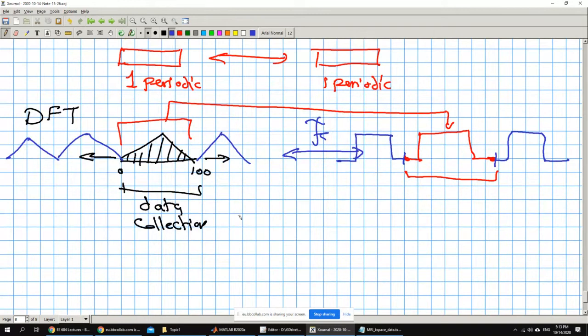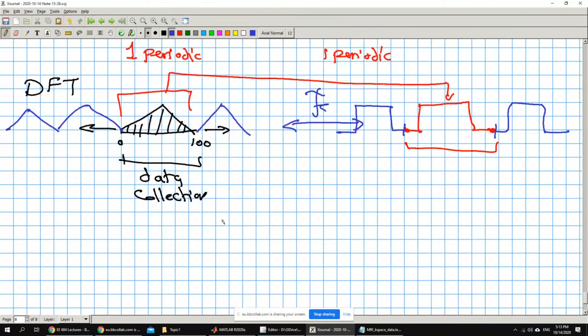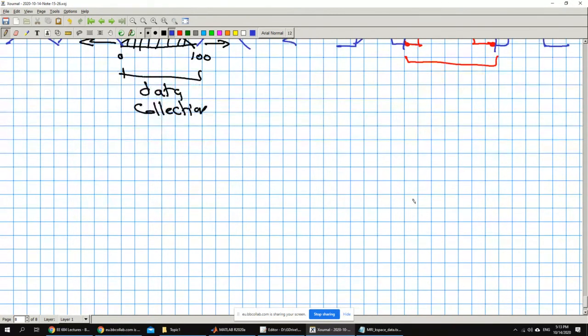Okay, so before we do that, let me give you some relationships between the sampling here and the sampling there. In the sampling of the time domain first, I start from this sample here and take different samples. This is sample 0, 1, and so on.